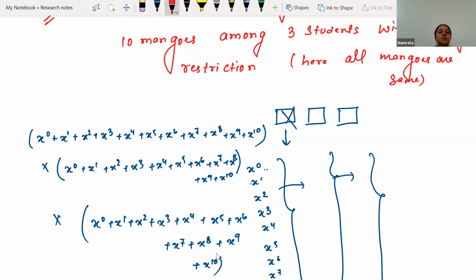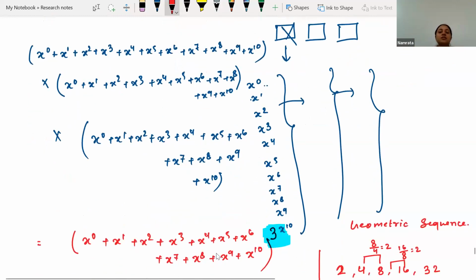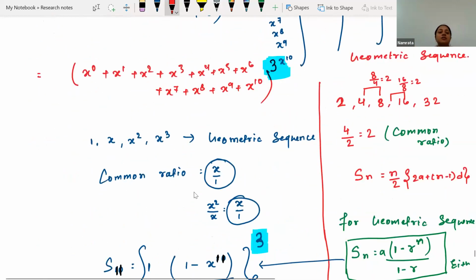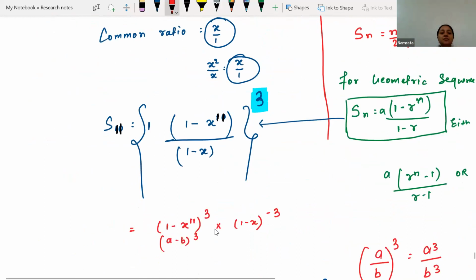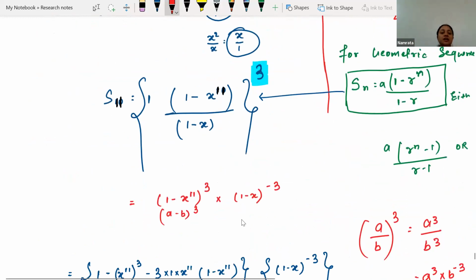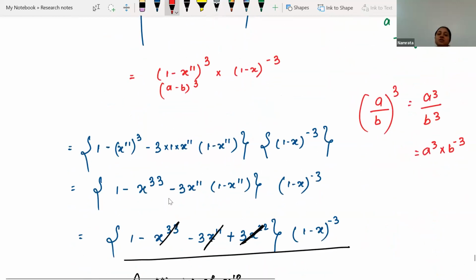Once we have written it as power 3, we can see that it looks like a geometric progression. So let's apply the formula of geometric progression to find the sum. The power 3 just gets copied as it is in each step. After that, we expanded it. After simplification, we have to find the coefficient of x to the power 10, since 10 mangoes were there.